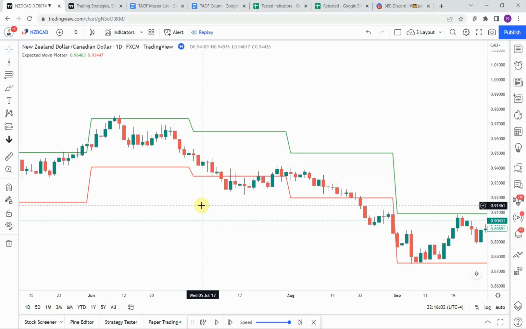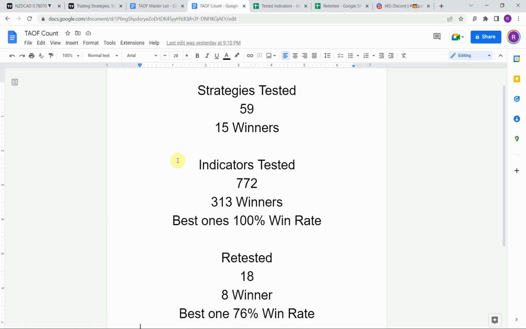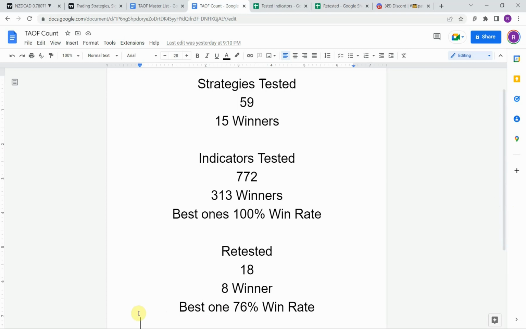Alright, as I said, today we will be testing the expected move plotter. Before we do though, I wanted to put the testing scoreboard up for everyone to see. So to date, we have tested a total of 59 different strategies, with 15 of them being profitable. We've also tested a total of 772 indicators, with 313 of them being winners. The best ones so far were able to achieve a 100% win rate.